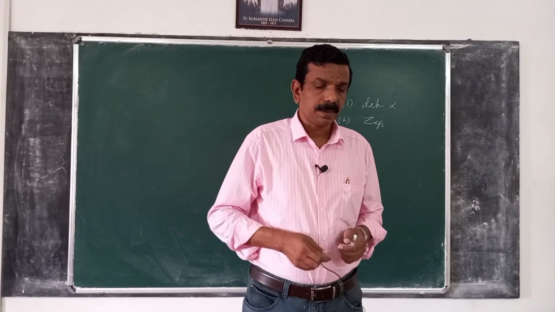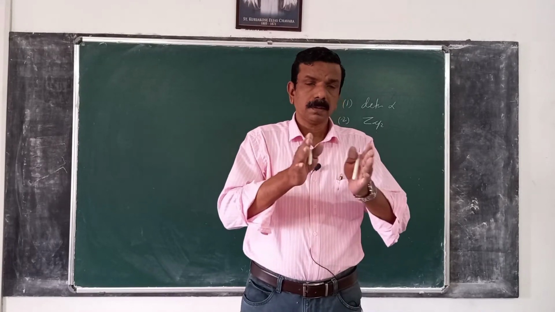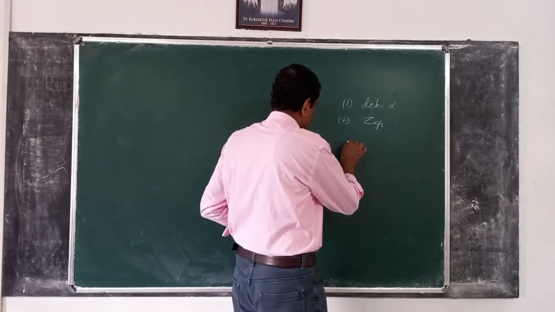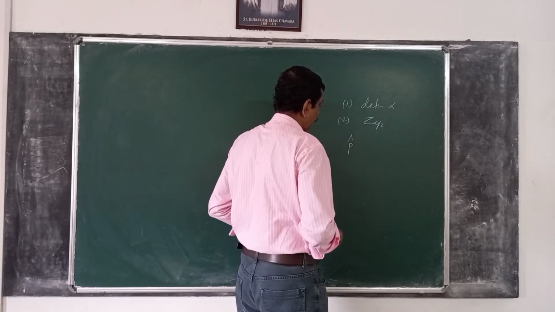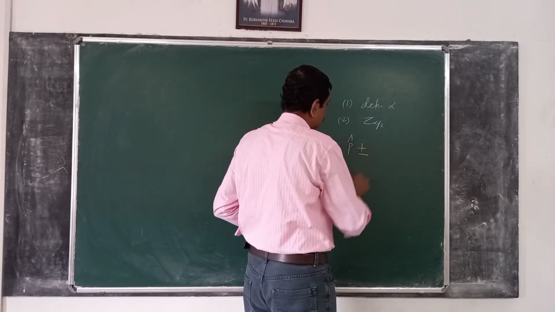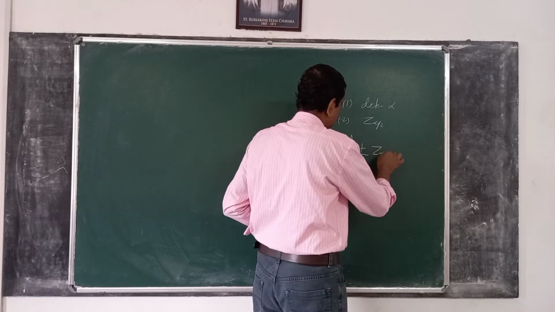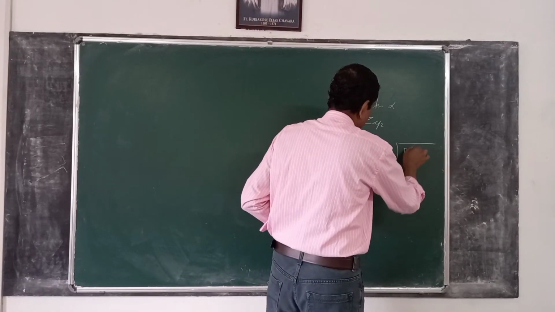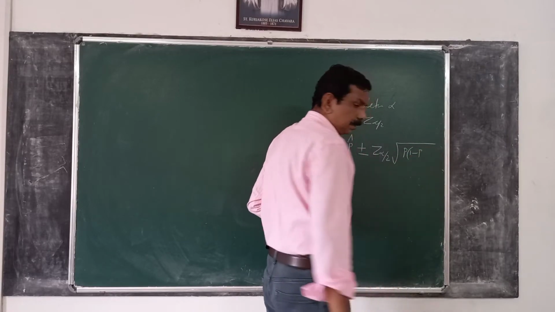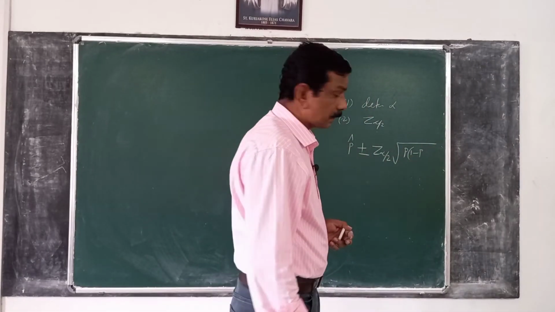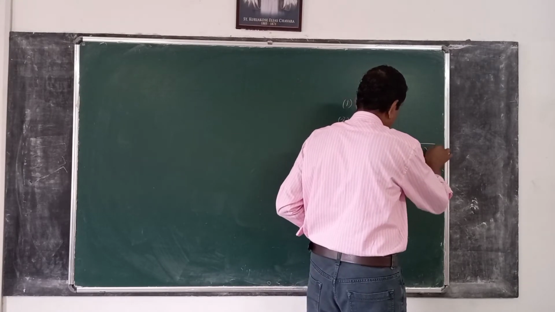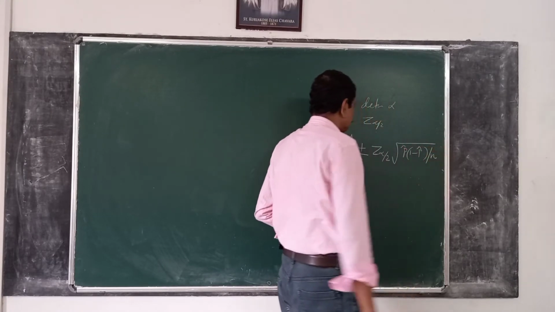The next step is that the confidence interval for p is p hat plus or minus Z alpha by 2 into root of p into 1 minus p. Instead of p, we have p hat into 1 minus p hat by n.